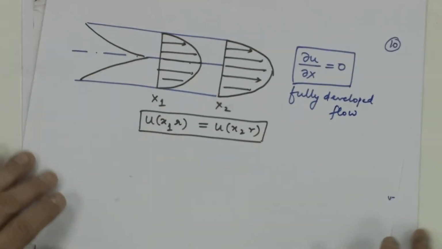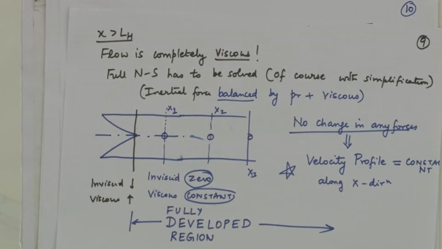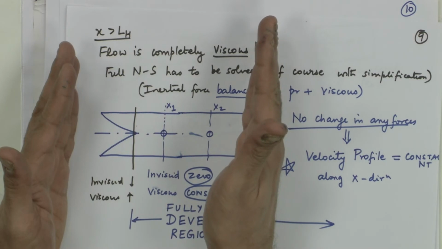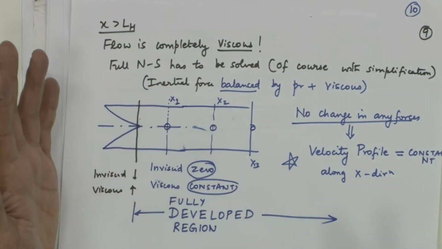Why is this correct? Because in this region the forces that are going to act are viscous plus pressure equal to inertial. Nothing is changing with regard to the inviscid and the viscous region in this part. Why? Because the boundary layers have merged.